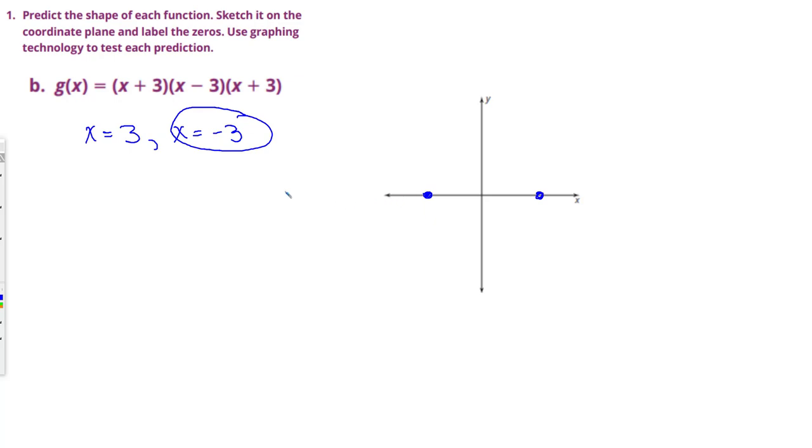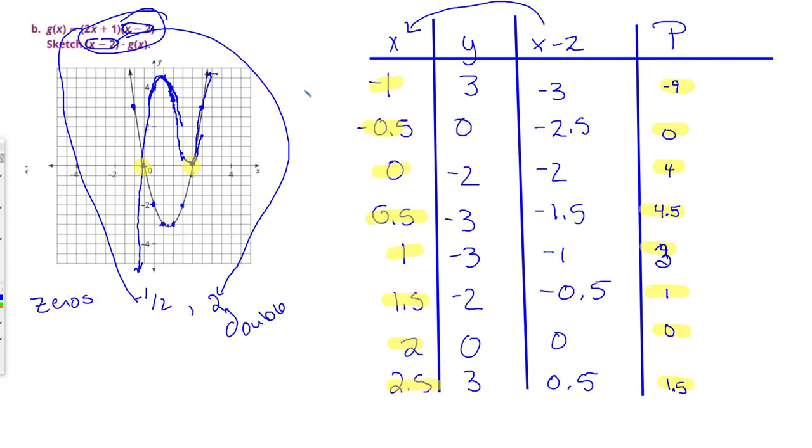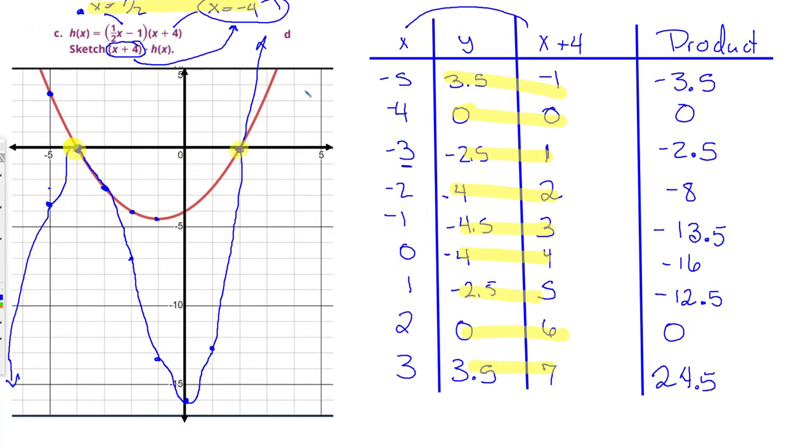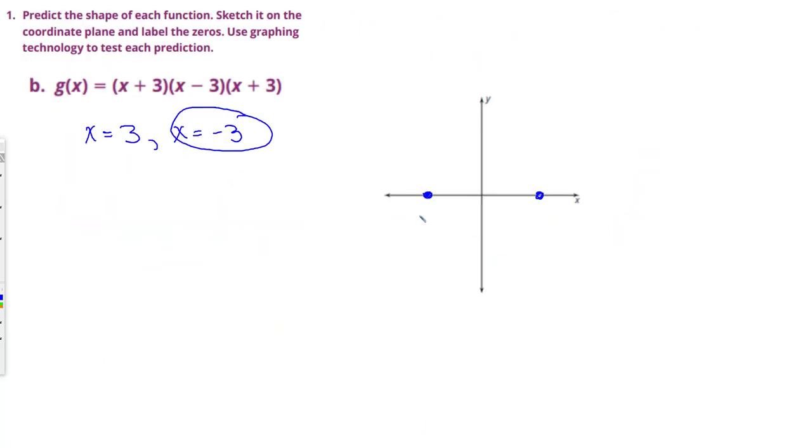So, using information about duplicates that we've seen, what do you think is going to happen at -3? It's going to come from below, right? Am I going to go above the line or below the line? What I'm going to do here at 3.